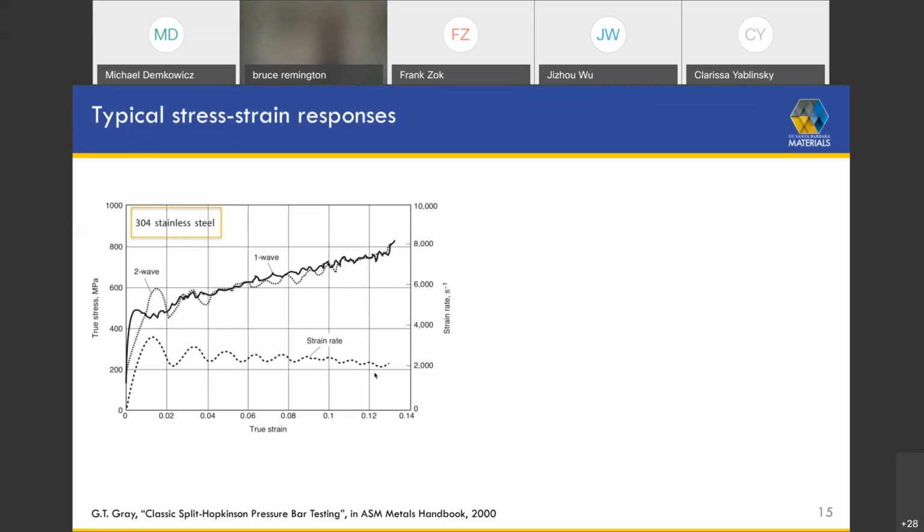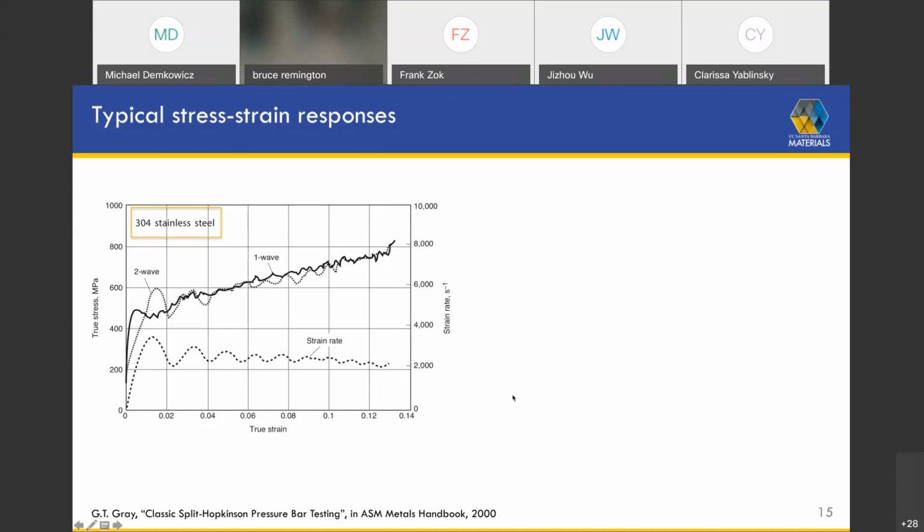Effectively, what happens is when the striker hits the incident bar, it produces a stress pulse, which over a period of space, rather, that's comparable to the diameter, has natural oscillations in it as these inertial effects kick in. That is, you start to get unloading stresses, relaxation stresses coming in from the outside radially. And so that dictates some characteristic wavelength of these oscillations.